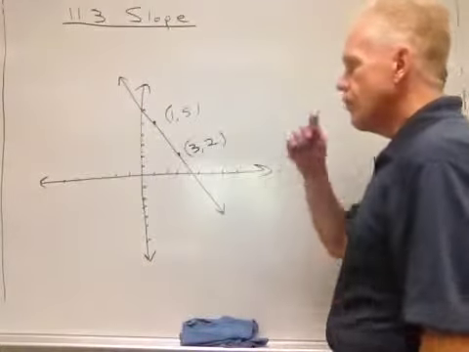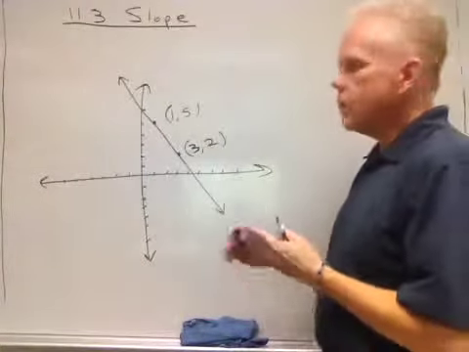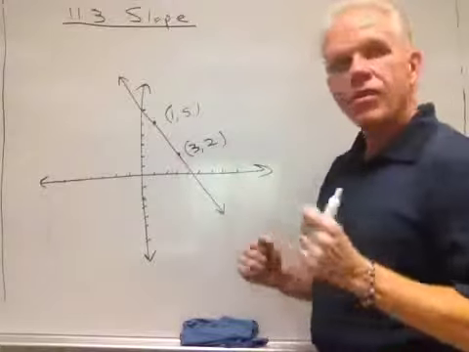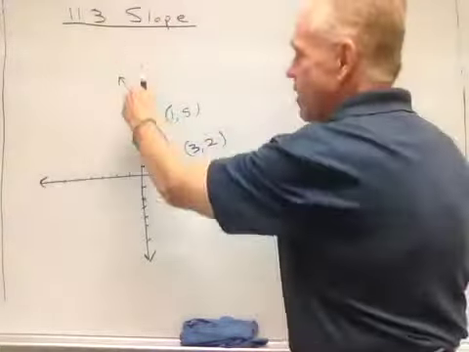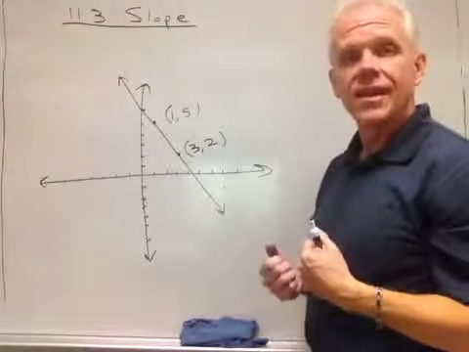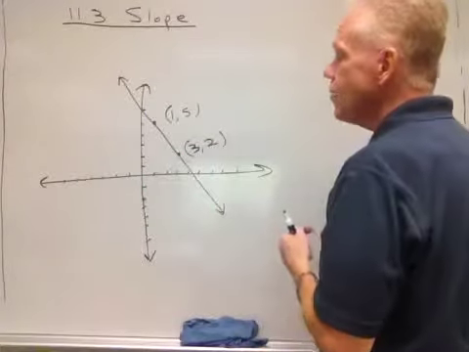Wonderful. All right, so here we go. We have a line. Is it obviously a positive slope or a negative slope? What do you think? Kind of looks downhill. Must be a negative slope.